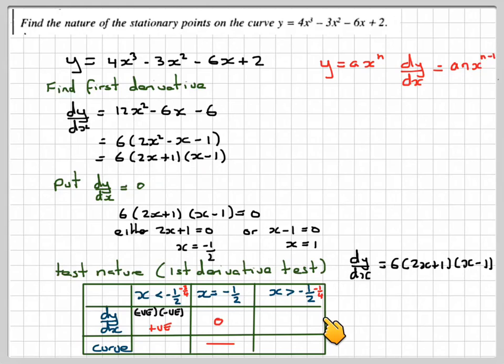And then just after, we'll take minus 1/4. If we put minus 1/4 into here, it's going to end up being positive. But if we put minus 1/4 in here, it will be negative. We get a positive times a negative, which is negative. And therefore we've got positive, 0, negative, so x is equal to minus a half is a maximum point.